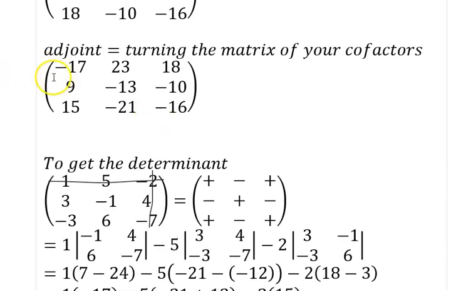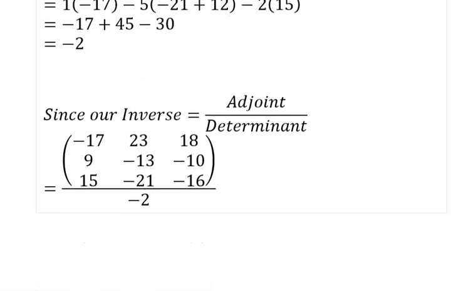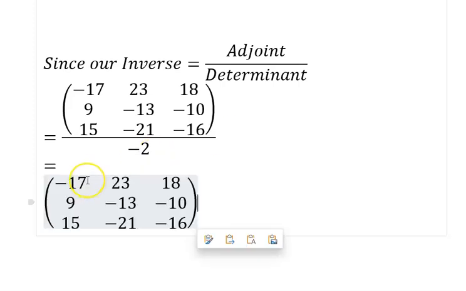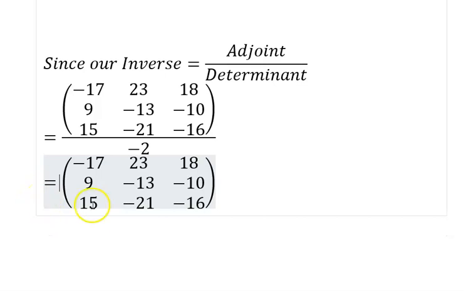Let's just come here and take our adjoint. Or better still, to make our job easier, let's just put minus 1 over 2 by the side here.